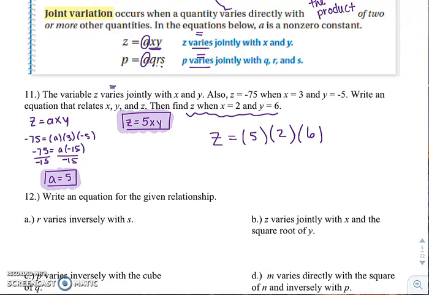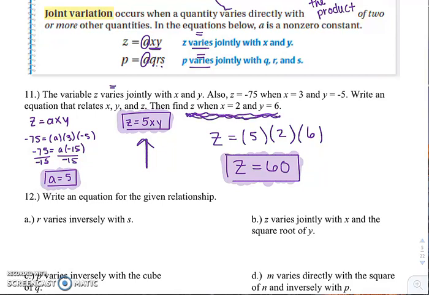So 5 times 2 is 10. 10 times 6 is 60. So, multi-step, get a to find the generic or general equation. And then once you have that, it'll give you the second part to find the variable once the x and y are changed.